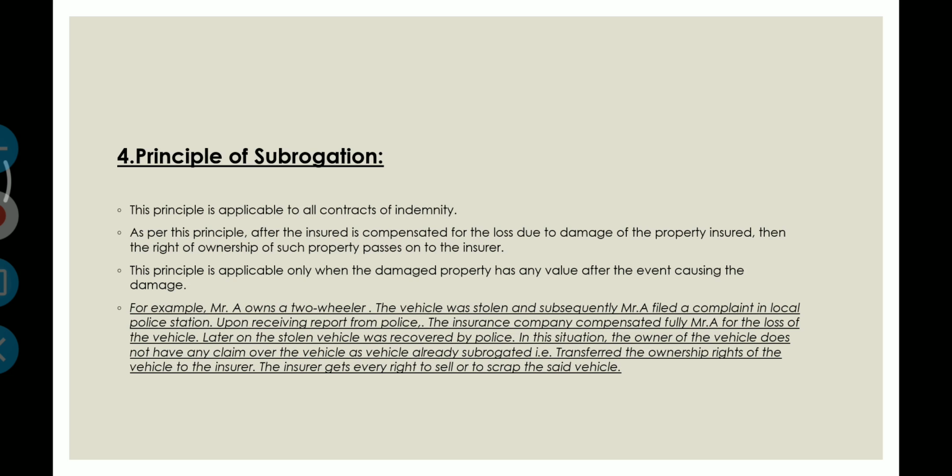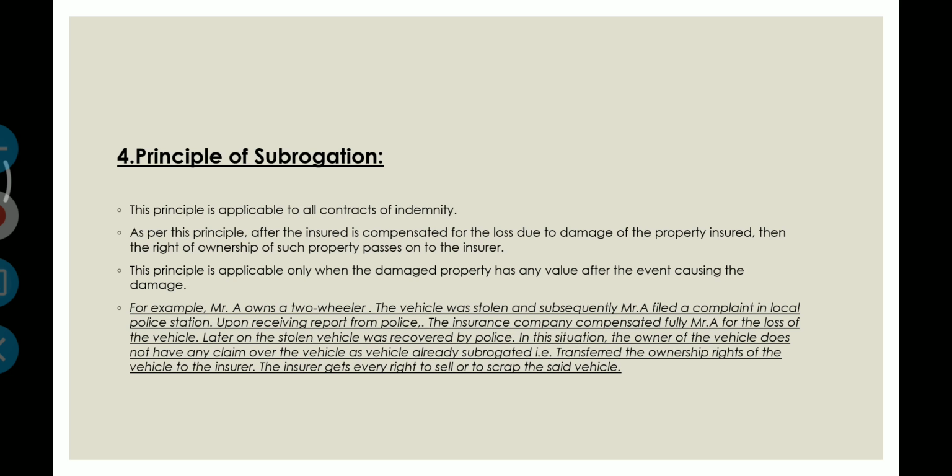But later on, that two-wheeler has been found by the police. In this situation, what happened? The owner of the vehicle does not have any claim. That means I cannot go to the police station and say, give me my vehicle back. Why? Because I have already taken the money for the loss from the insurance company. Now the ownership of the vehicle lies in the hands of the insurance company.